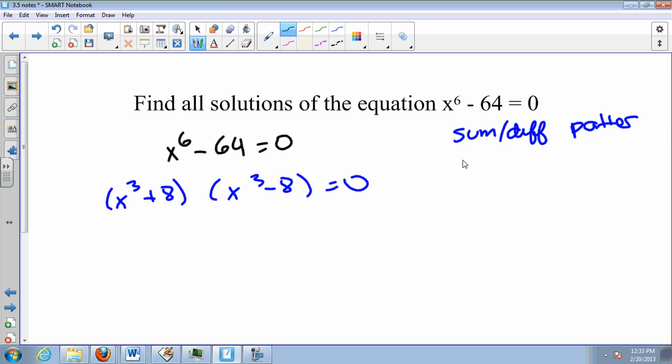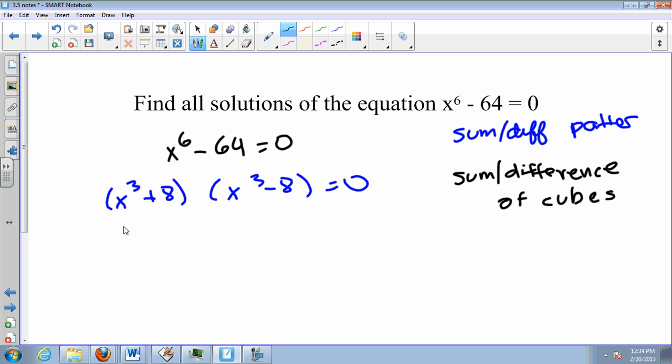Now these two, respectively, are the sum and difference of cubes.